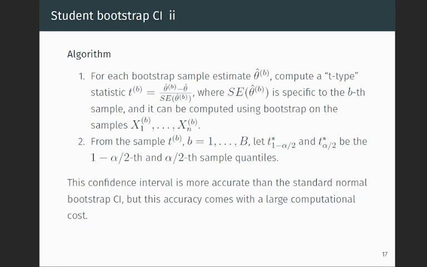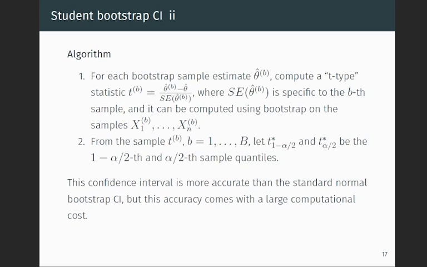So here's the algorithm. For each Bootstrap sample, we get an estimate theta hat b. And for each of those, we're going to compute what we call a t-type statistic. We're going to call it TB, which will be theta hat b minus theta hat divided by the standard error of theta hat b, not the standard error of theta hat. So this standard error is specific to the bth sample.